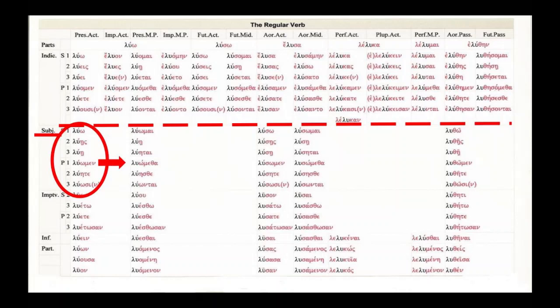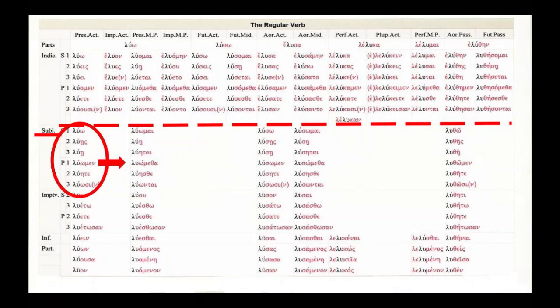I'm just trying to figure out why the endings are different like that, between the subjunctive and the other. It doesn't have the augment because it's in subjunctive. But then one is an omicron, one is an eta, and then nu. Oh, up at the top, second. Yes.